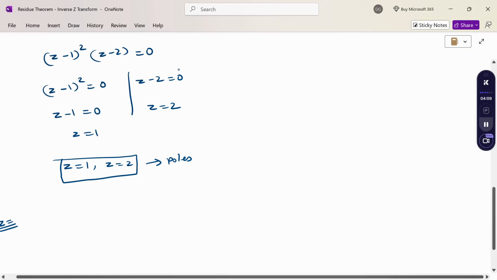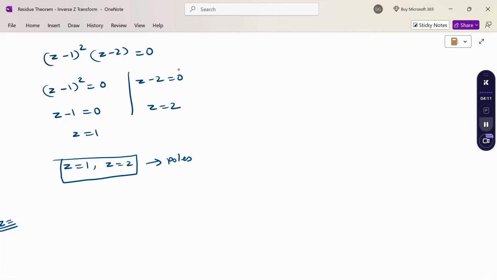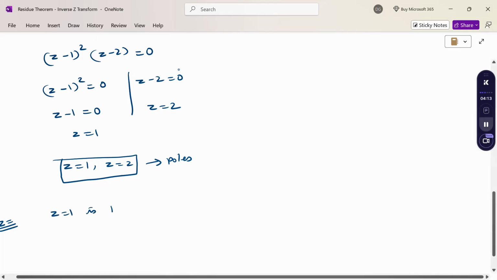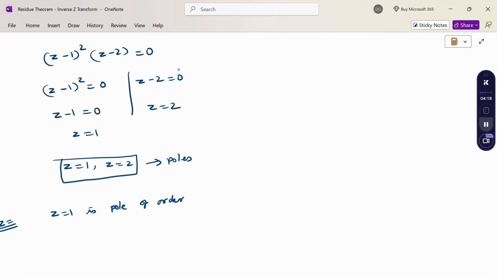Before that, to find the order of the pole z equal to 1: the power of (z − 1) is our order.